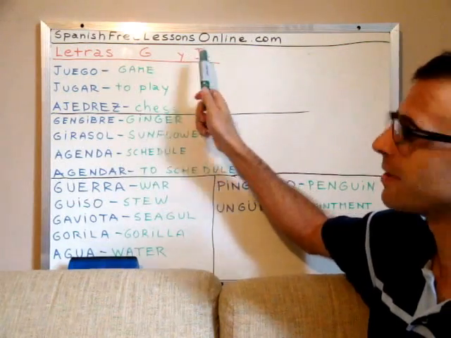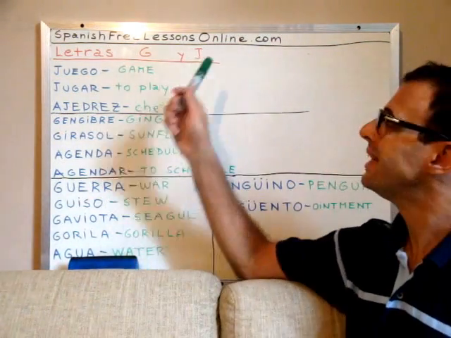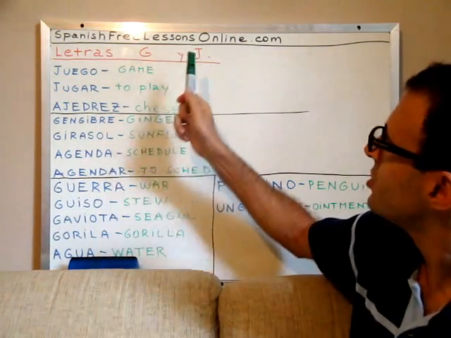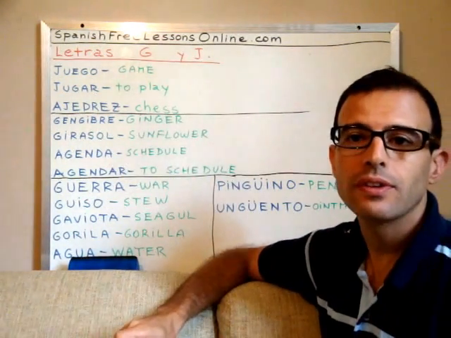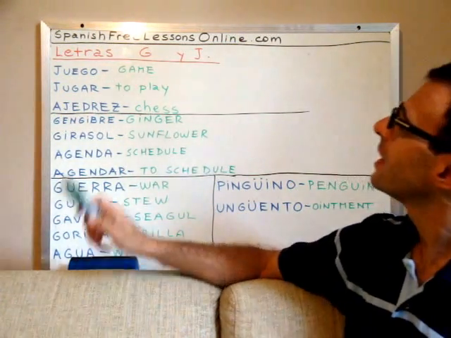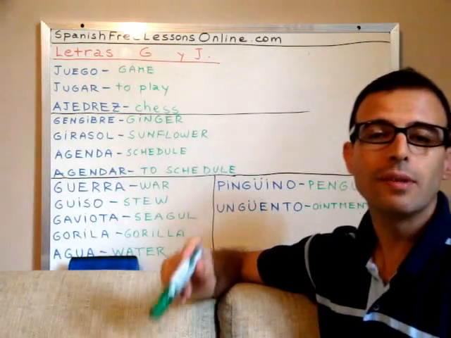And there is a difference between J and G, right? Because while J is always pronounced the same way, G has two sounds, the same as in English.